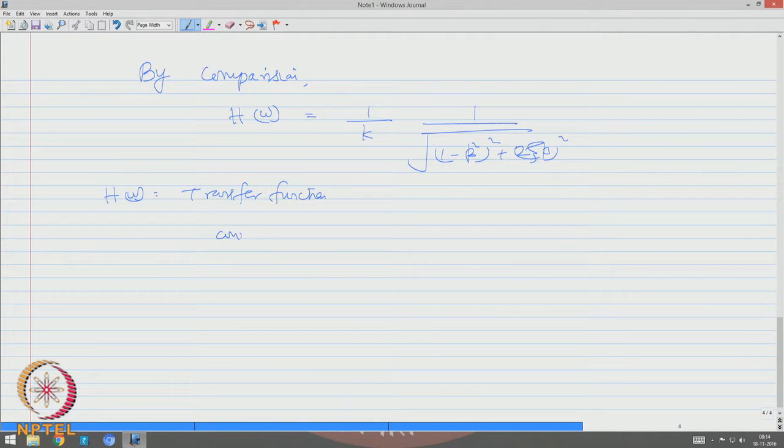It connects the frequency response between the external force and the system response.